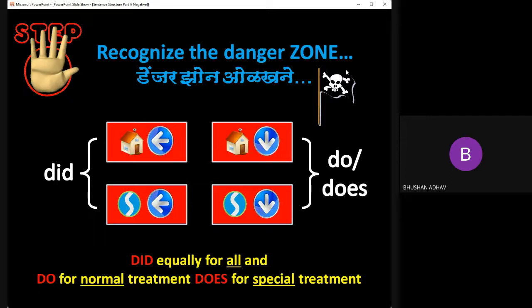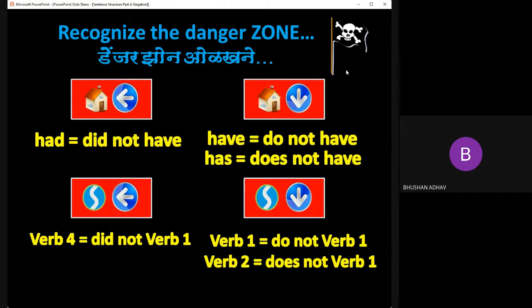And then if it is present possession and simple present, just take do, does, and then not, and then basic form. So if somebody asks me, sir, can you make it more simplified? Yes, that is my specialty, to make the challenging thing more simple.